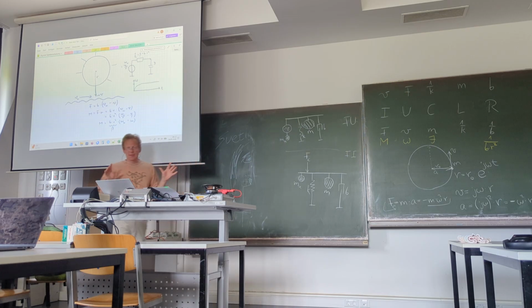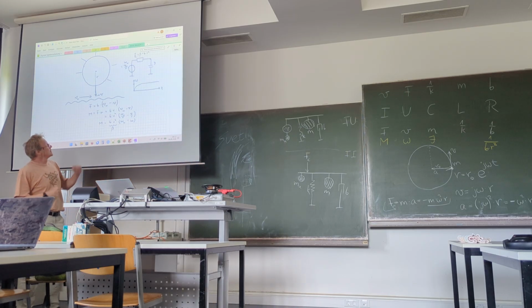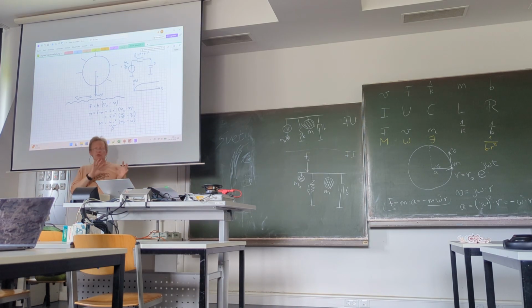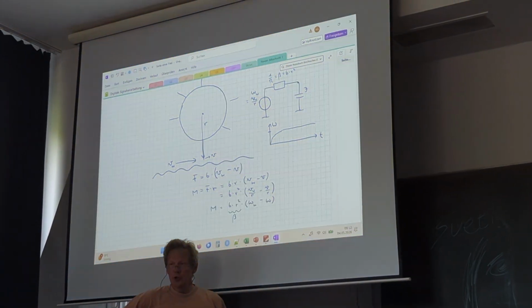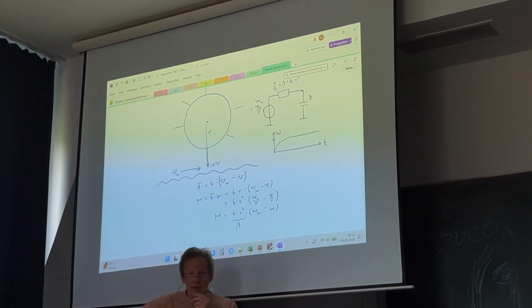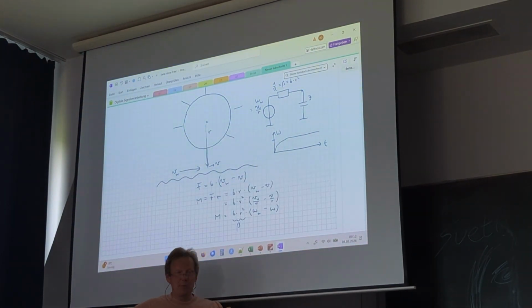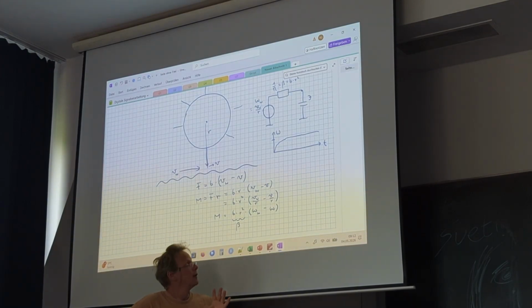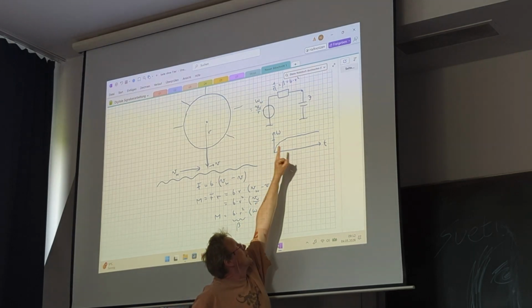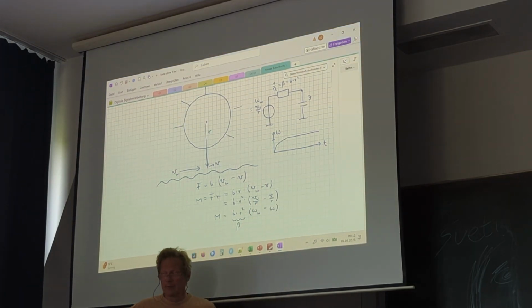let's say everything is static, and that means we have no changes. Let's argue now electrically. We have no change of the voltage on the capacitor. It means after this long time we have no current through the capacitor. It has stopped. If we have no current, then also not through the resistor.